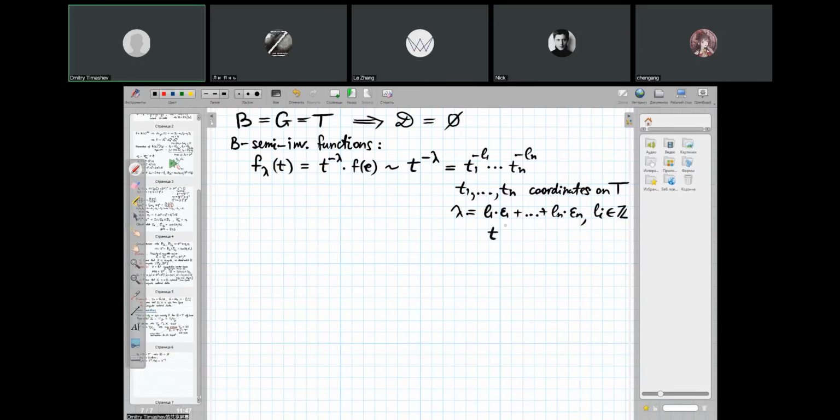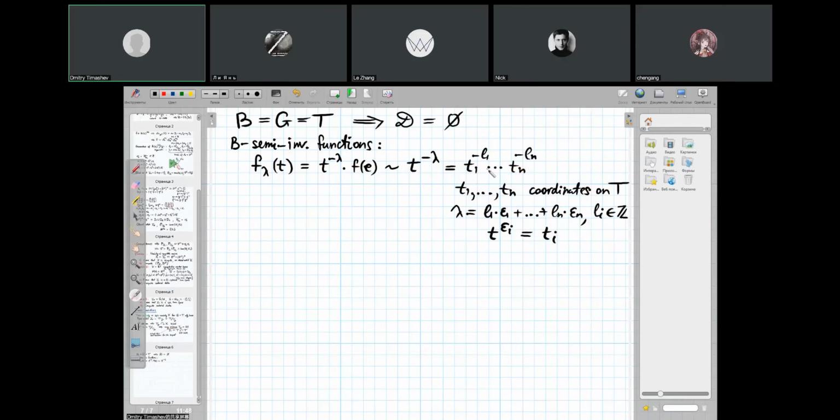So let me write again that the value of a character epsilon i on an element T is given by the ith coordinate. So in terms of this decomposition, the value of the inverse character minus lambda at the element T is given by this Laurent monomial. So all semi-invariant functions are proportional to characters, and vice versa.